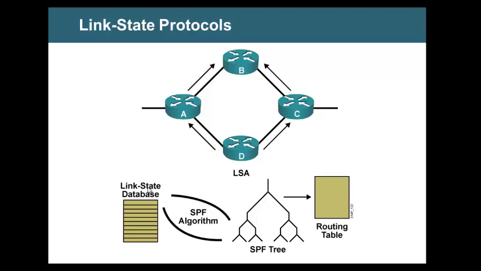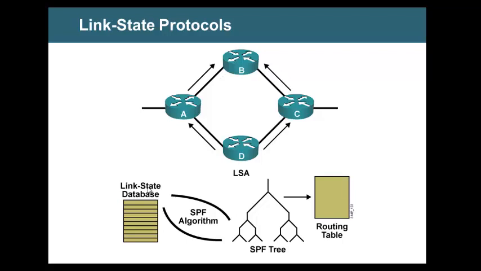The advertisements sent by every router form a big database on the routers. And one point I want to very clearly say here is that within an area, this database is going to be identical. We know we have areas.